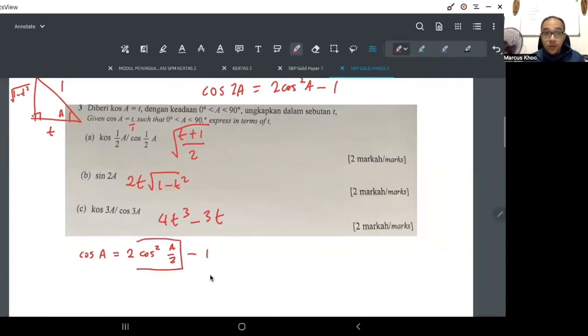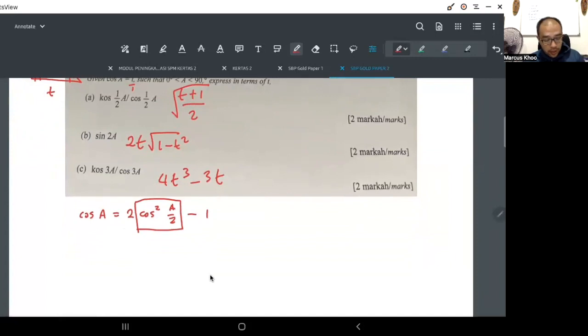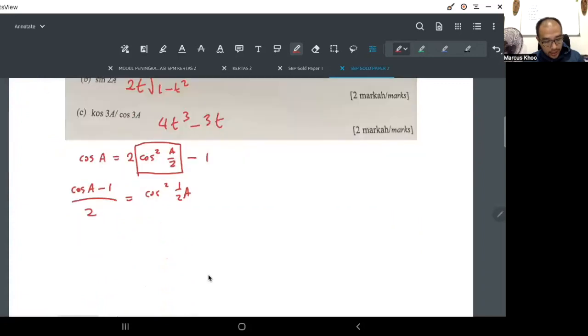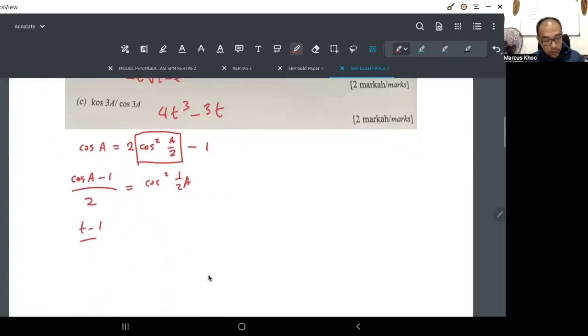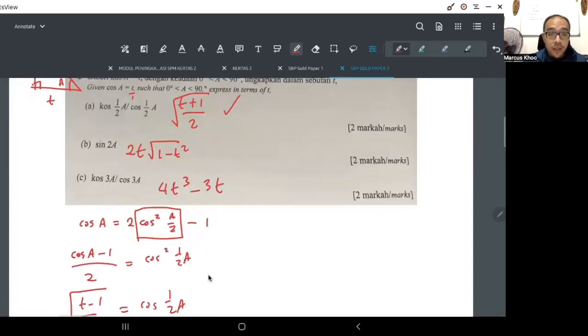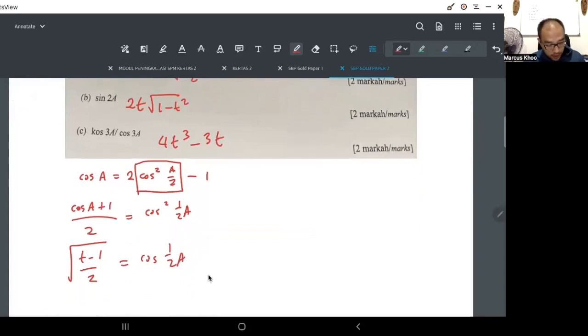So if I move across, I'll get (cos A plus 1) over 2 equals cos squared half A. Since I know that cos A equals T, I can say that square root of (T plus 1) over 2 equals cos half A, which is the answer that I want.